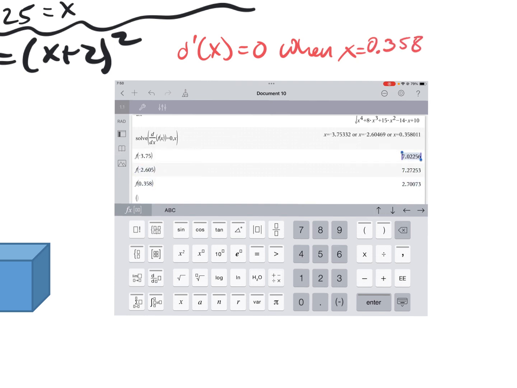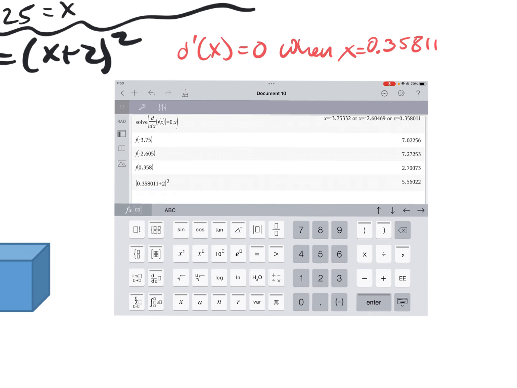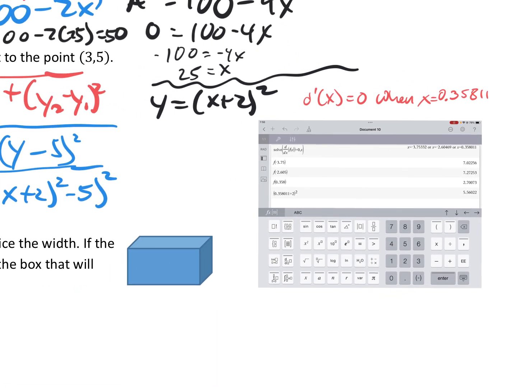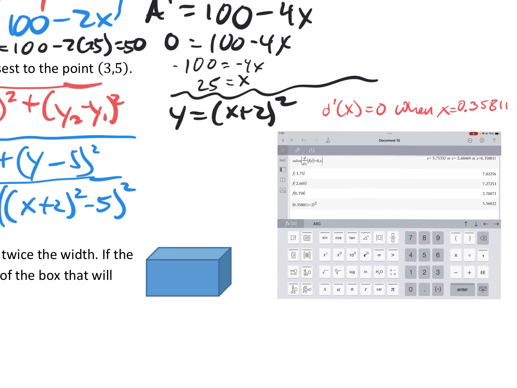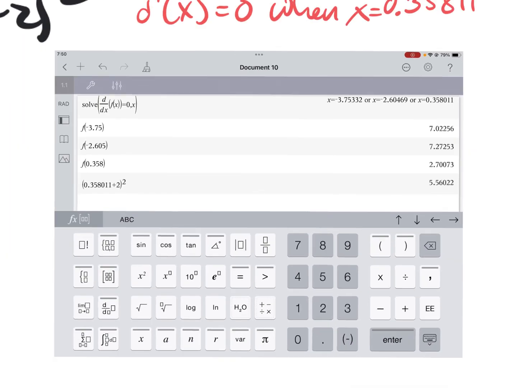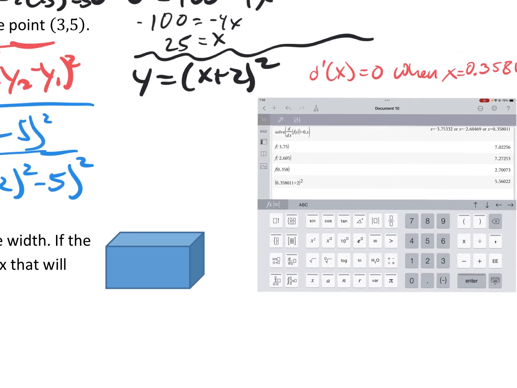Now, you can come up here like this, and you can copy. All right, so I go like that. I can pull that number down, or you can just type it. But it was (x plus 2) squared. That was our y value. All right, and so there's our y value, 5.560. And that's going to be our final answer.